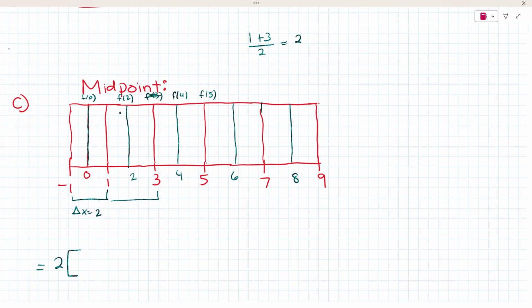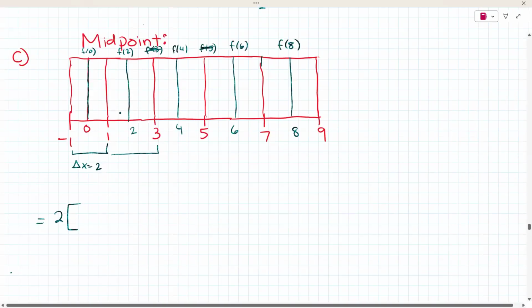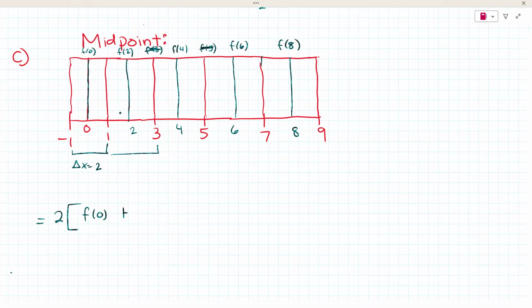So no f of 3s. And then from 5 to 7, it's f of 6. No f of 5. And then from 7 to 9, it's f of 8. Okay, so that's what we're going to find. So it's going to be f of 0 plus f of 2 plus f of 4 plus f of 6 plus f of 8.